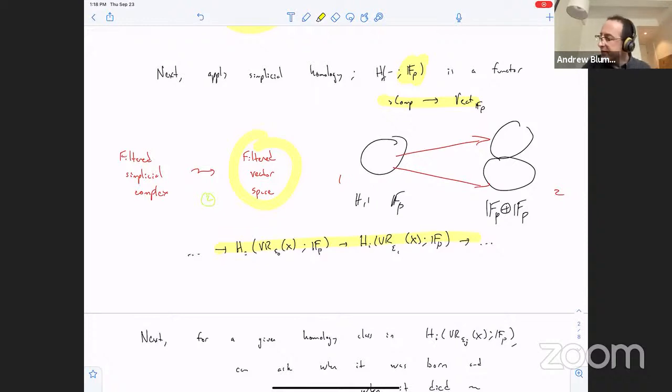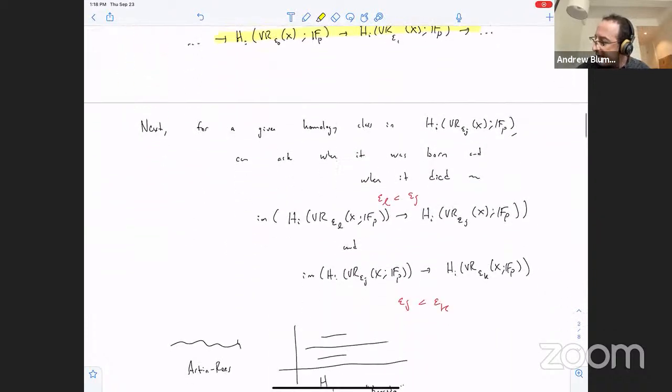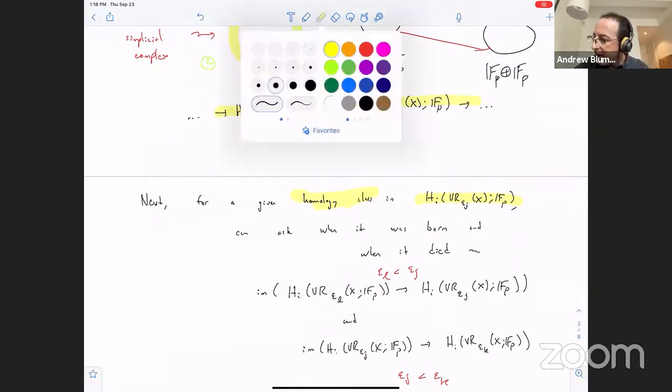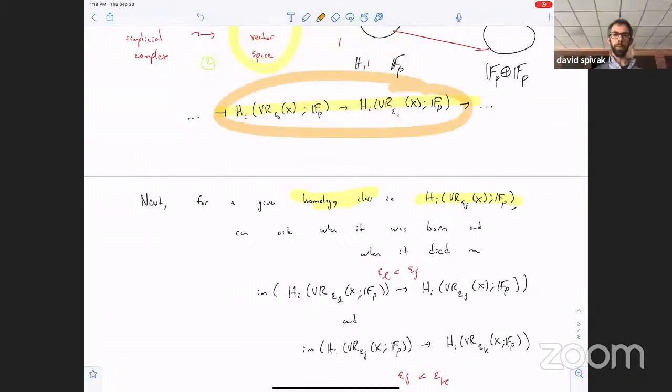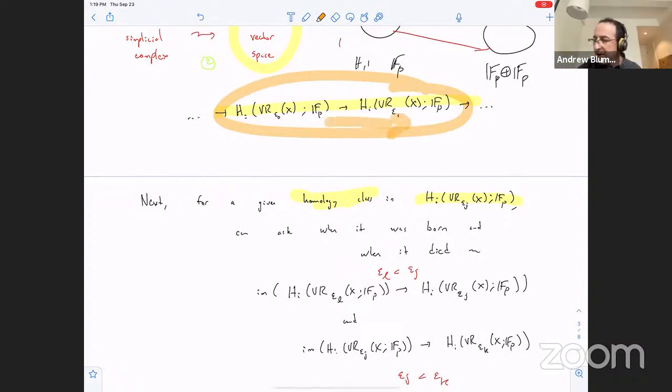But there's a further really interesting insight, which is that for a given element, what's called a homology class at a fixed feature scale, if I fix epsilon_j here and look at that vector space, and I take a generator, some class in it, and I look at the homomorphisms that take it forward in feature scale, so to speak, eventually it goes to 0. We know that everything goes to 0 because of this heat death phenomenon I described, but eventually that class goes to 0, and you can ask, when does it go to 0?